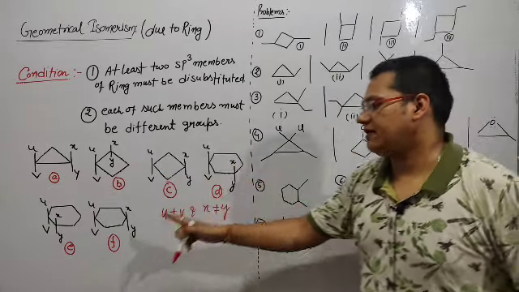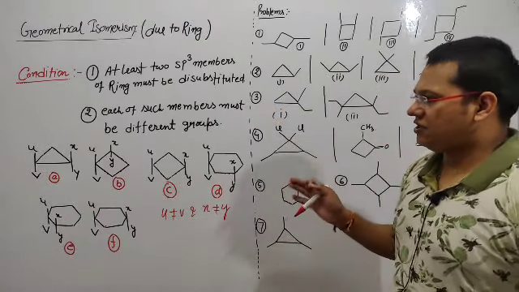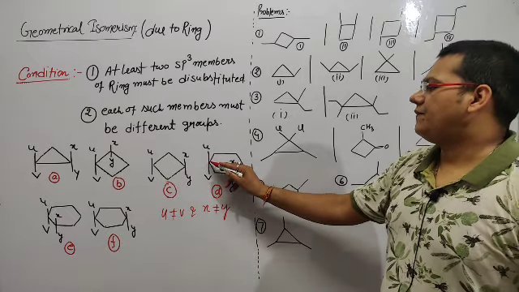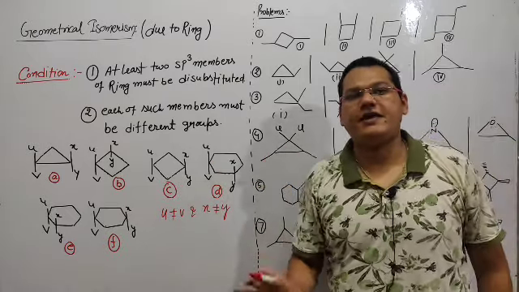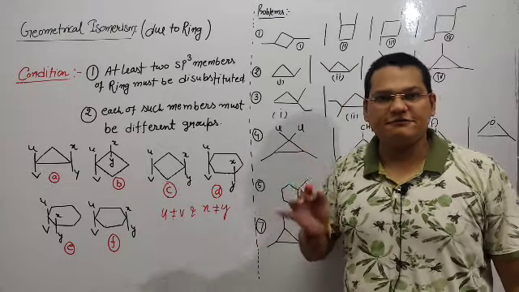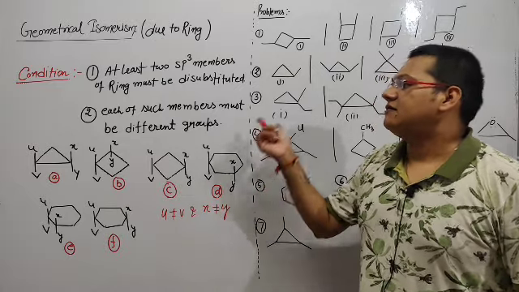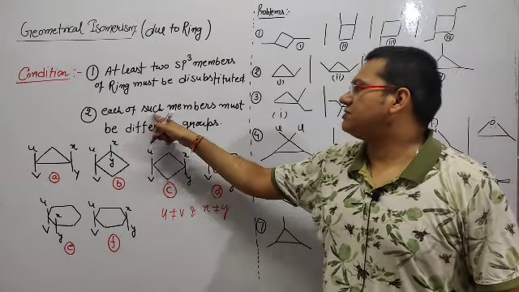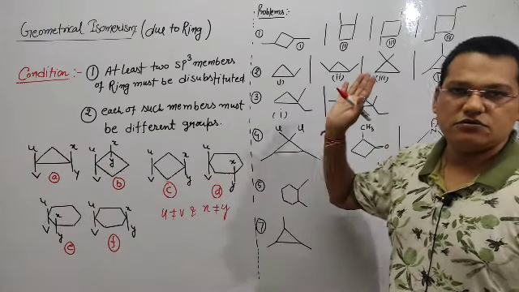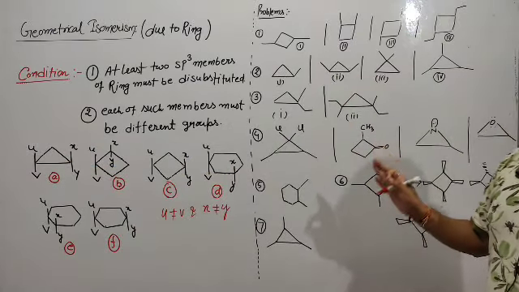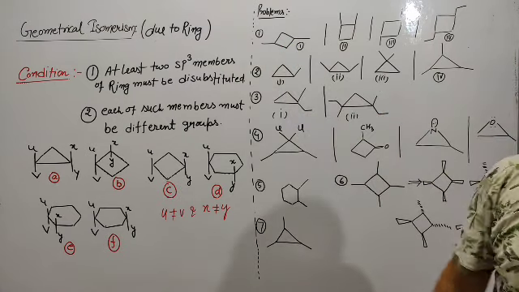In a 6 member ring, you can attach them everywhere. So the conditions are: first, minimum 2 sp3 hybridized carbons must be present in the ring, and second, the groups on each such carbon must be different. Then that ring shows geometrical isomerism.